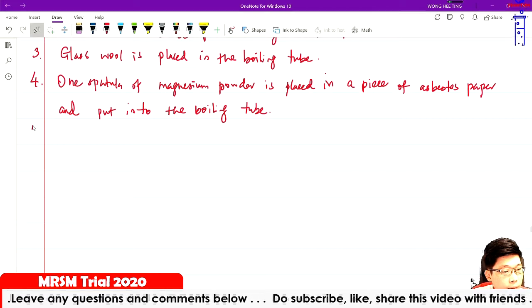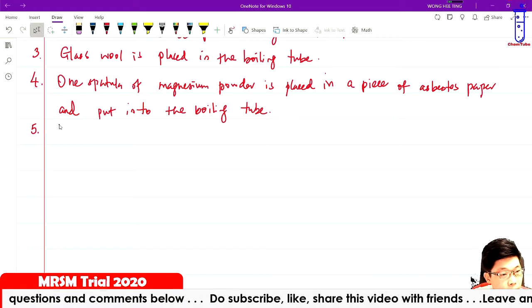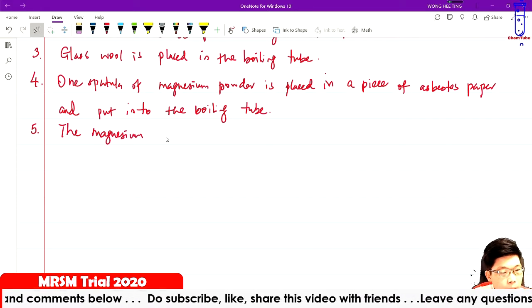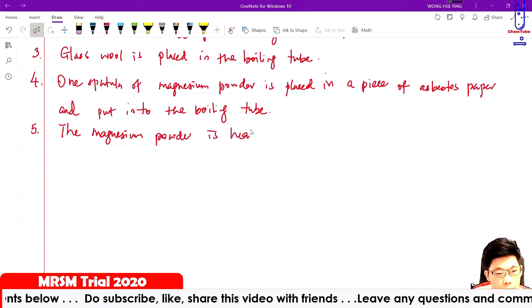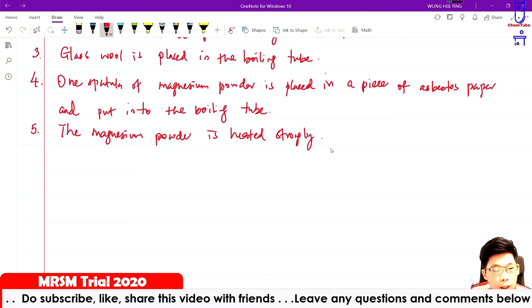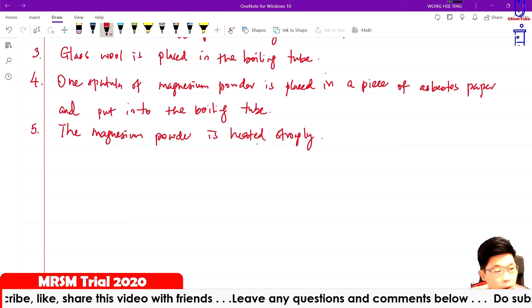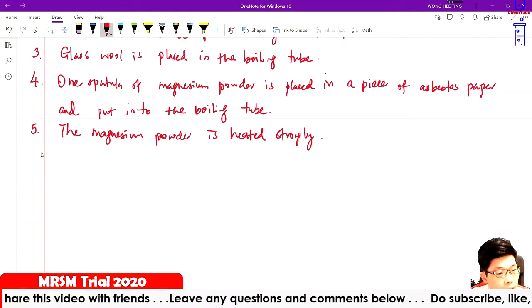Number 5, it is heated strongly. We need to heat the metal powder first before we heat the potassium manganate(VII).